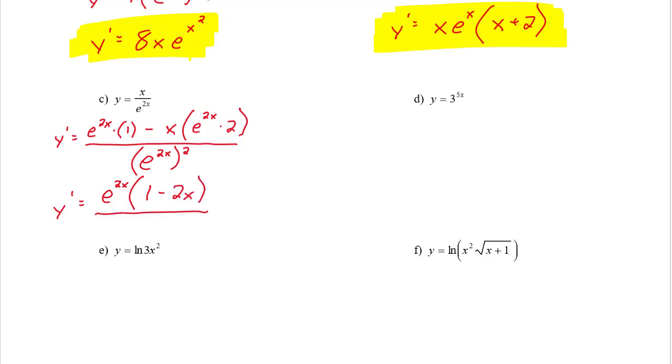Then it would be all over an e to the 2x being squared. The reason I'm going to leave it that way is one of those e to the 2x's gets to reduce with the one on top. So my final reduced version would be y prime equals 1 minus 2x over a plain e to the 2x.